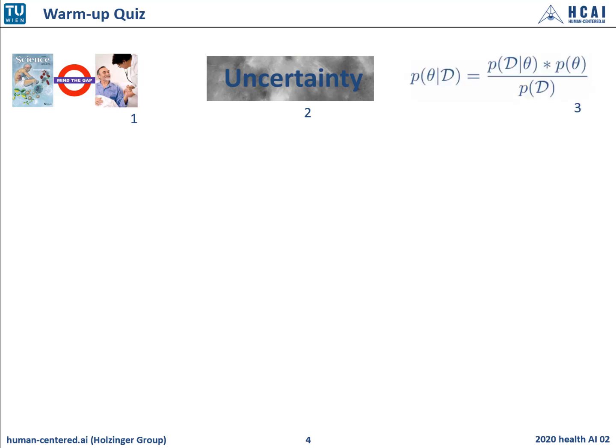Number 3, why is this seemingly simple mathematical equation so awesome and so important for us? And who was behind the development of it?